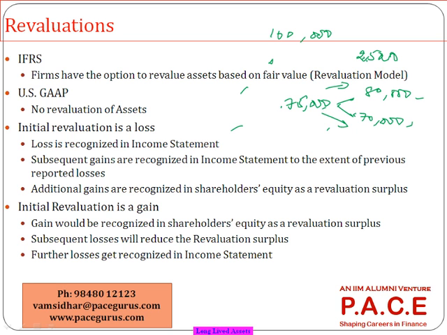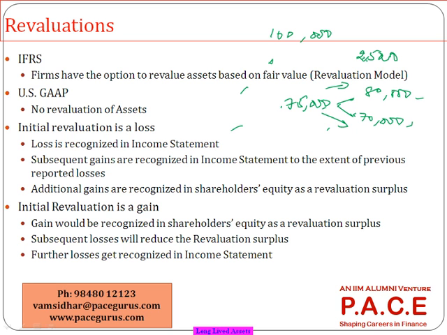Depending on whether it's a loss or a gain, if it is a loss, you are taking it into the income statement directly. If it is a gain, that excess you are not taking, it will bypass the income statement. It will get reflected only in the equity portion of the balance sheet.